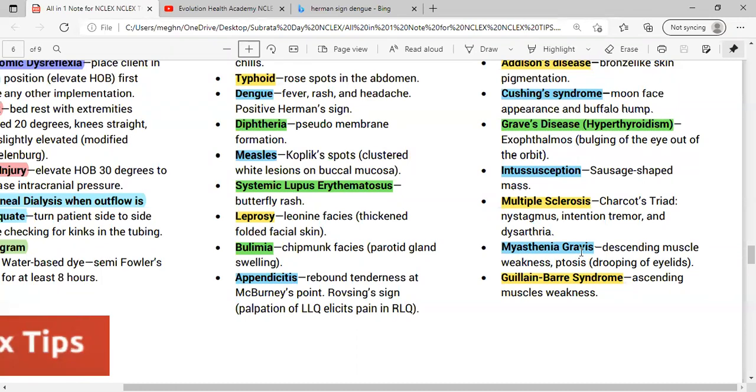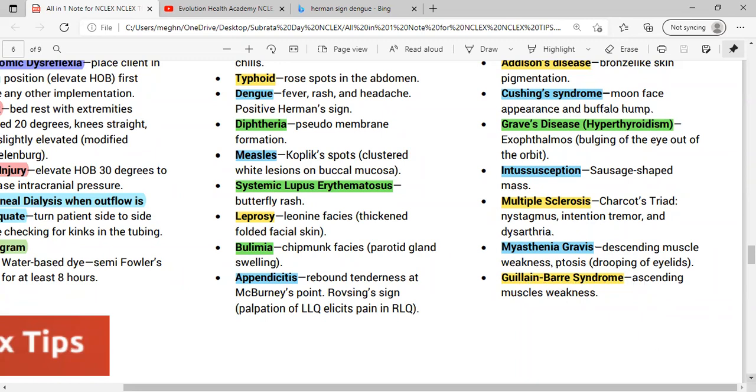In case of myasthenia gravis, the most important feature is descending muscle weakness or paralysis, and also ptosis. Ptosis means drooping of the eyelid. Guillain-Barré syndrome: most commonly ascending muscle weakness.